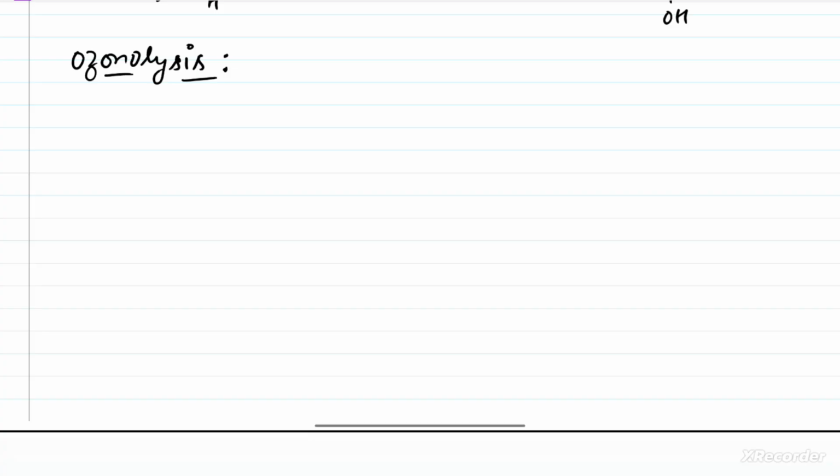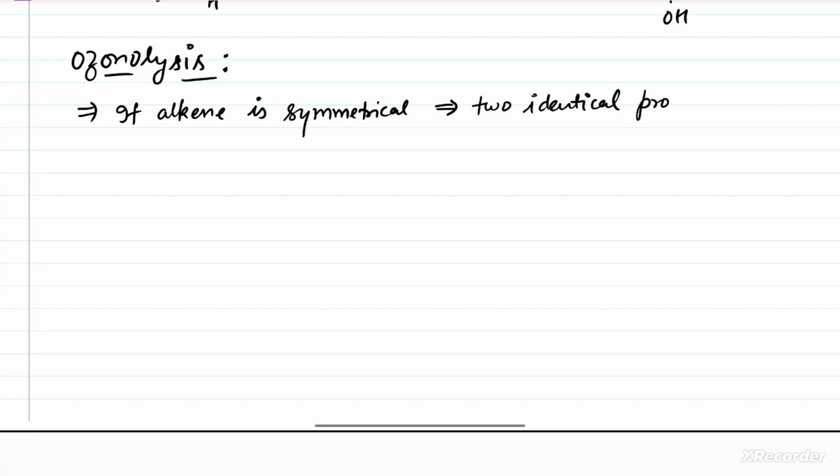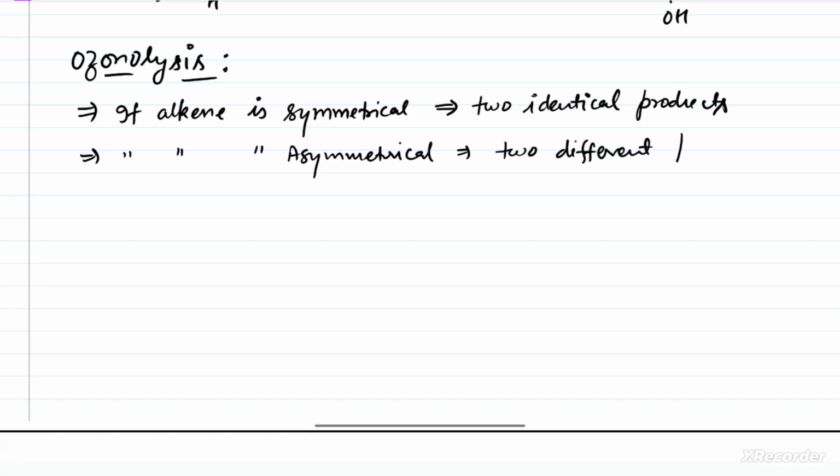The rule that you have to remember: if the alkene is symmetrical, then we get two identical products. If the alkene is asymmetrical, we get two different products. So let us see how.